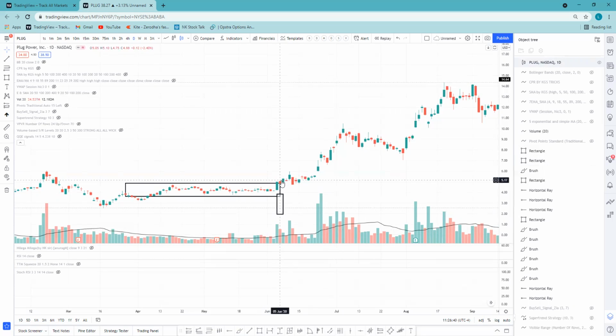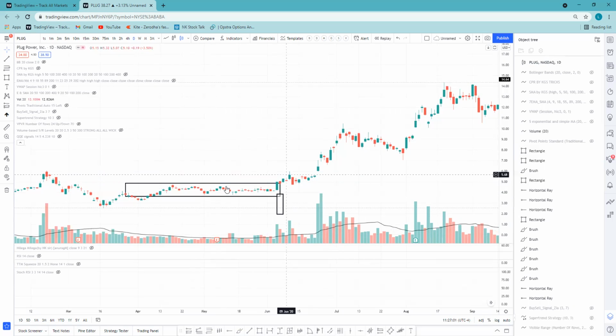Does it make sense or no? Whenever the price is in a range, always look for the breakout. This is the best place to go long or short, depending on which side it gives the breakout.